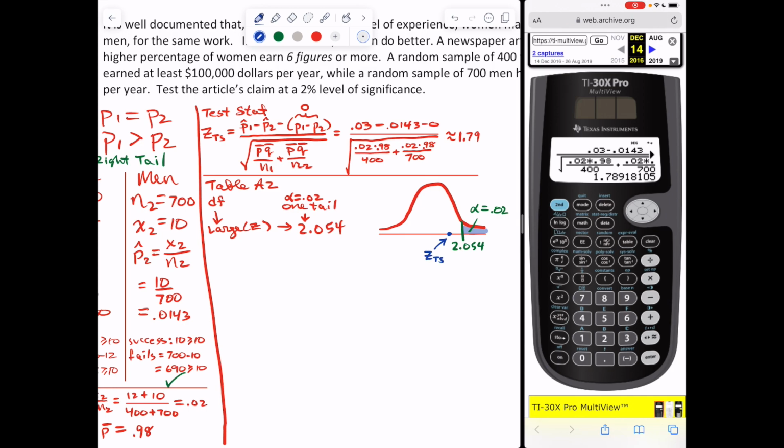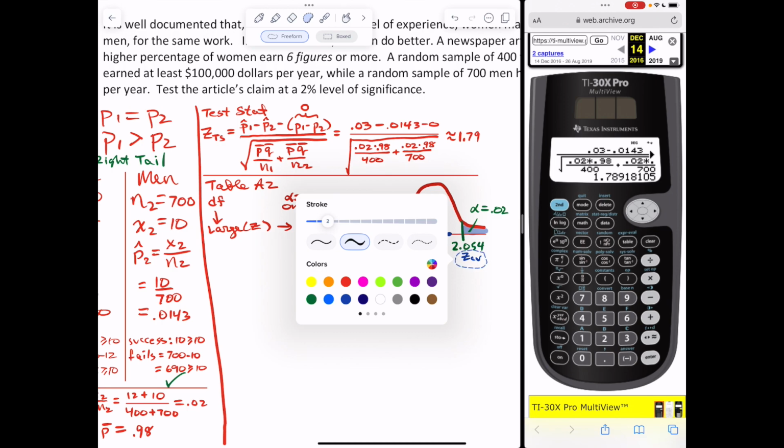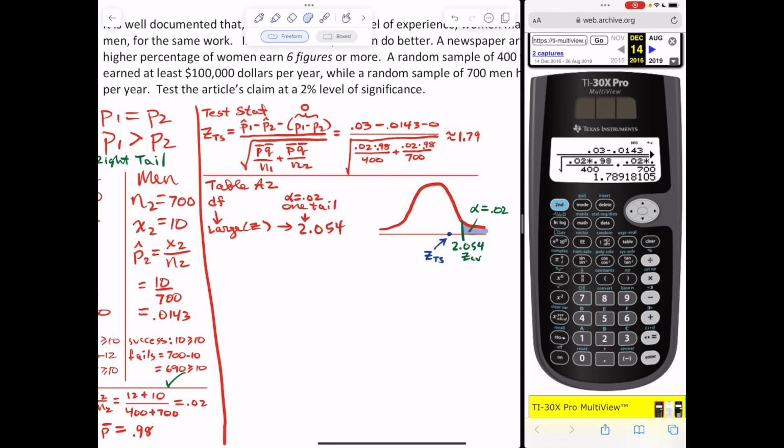It's not in the tail. The 2.054 is the Z critical value. Okay, so there we go. We would conclude that this Z test statistic is not statistically significant.